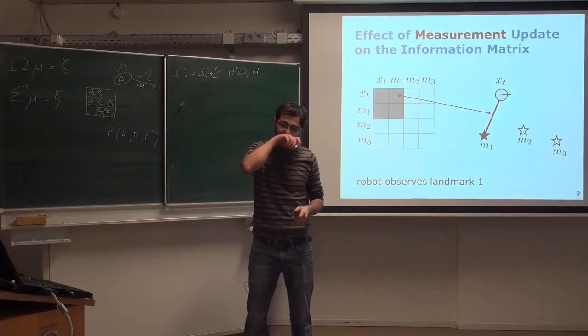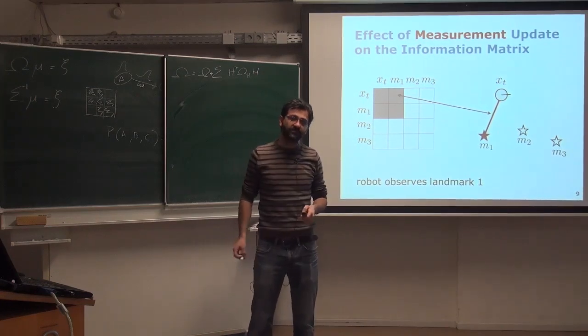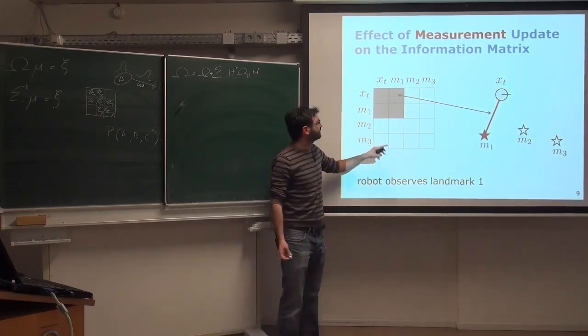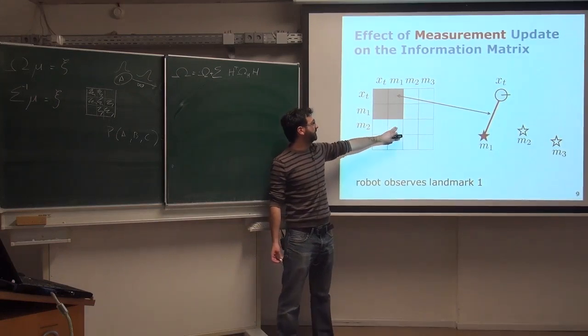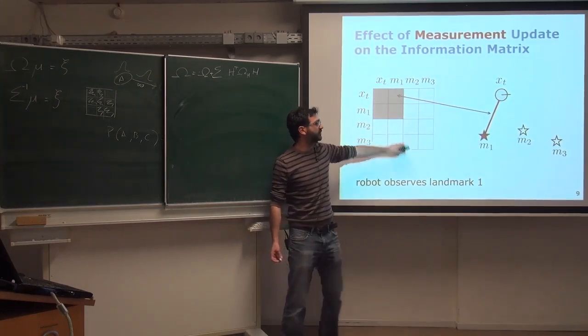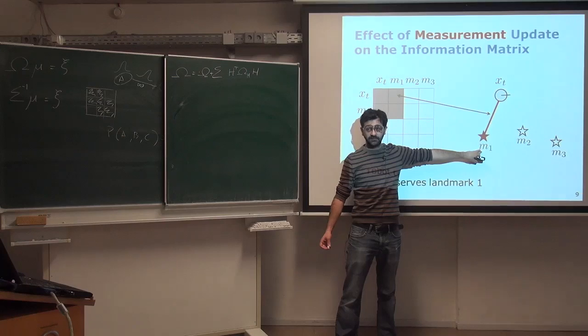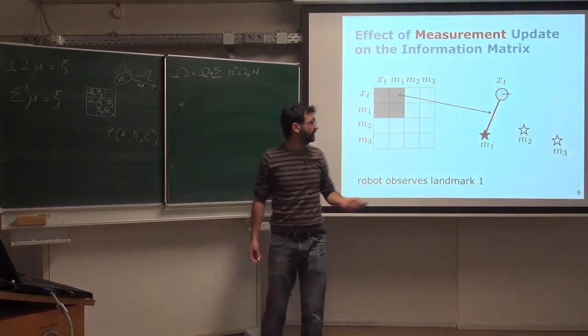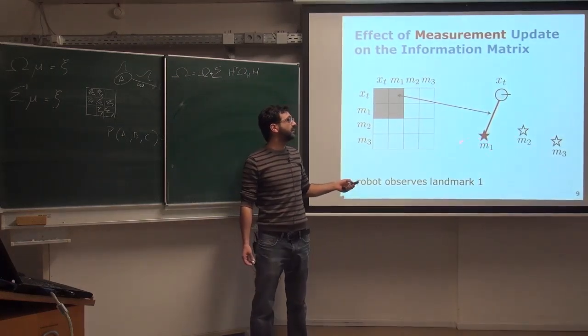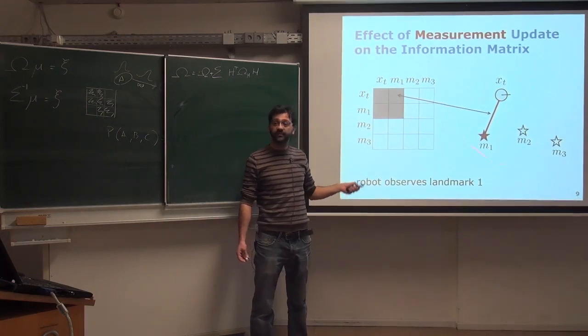You said that we need to put the values here because we already observed M1, and since we are now observing something else, we need to keep track that we observed something before.